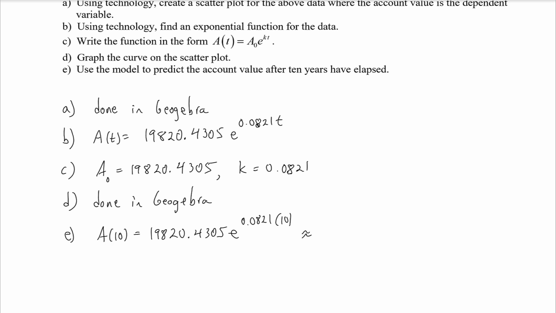I'm going to run this through a calculator. 45,457.31. So just over $45,000 in the account after 10 years. So it's earning a pretty high percentage of interest. The annual interest rate is pretty good if in only 10 years you've more than doubled.